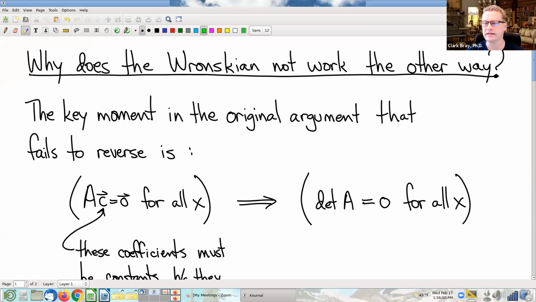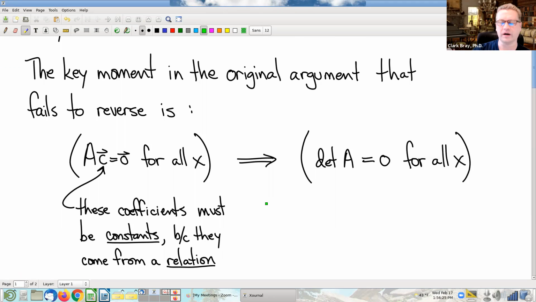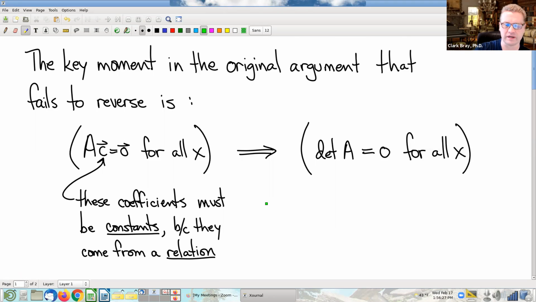Let's go through the point. So here it is. This is the specific point that does not work the other way. Why does the Wronskian not work the other way? It's this bit right here. In the original argument that we made to derive the Wronskian in the first place, we found ourselves with a matrix being multiplied by some coefficients and getting 0.